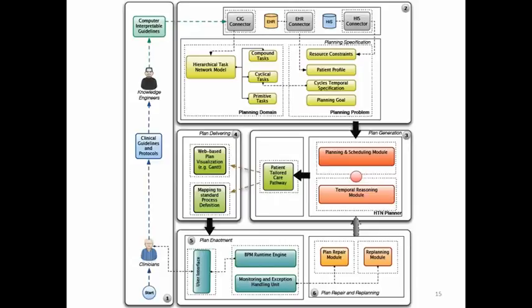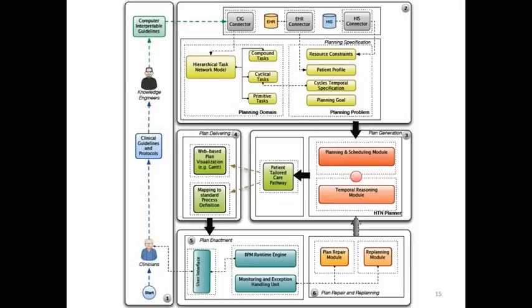This is an architecture that considers all the requirements that we talked about. If we start looking at the numbers inside the boxes, starting with number 1 on the left hand side at the bottom, clinicians are responsible for defining these narrative guidelines. Then knowledge engineers formalize this knowledge using computer interpretable guidelines, which are languages to computerize this knowledge.